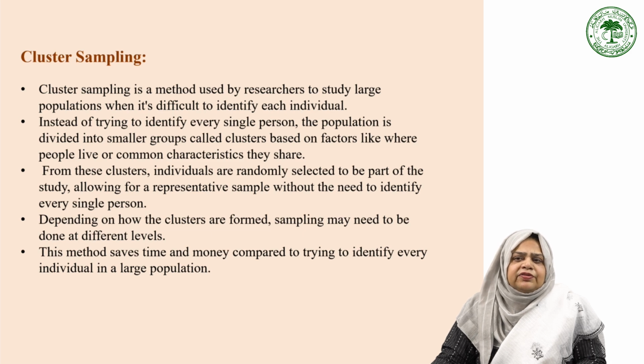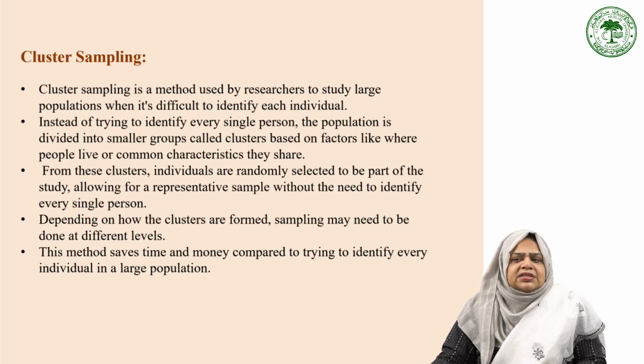Instead of selecting individuals one by one, the population is divided into groups called clusters. These clusters can be based on factors like location or a common characteristic related to the main topic of the study. Once the clusters are formed, researchers use a technique called simple random sampling to select elements within each cluster.